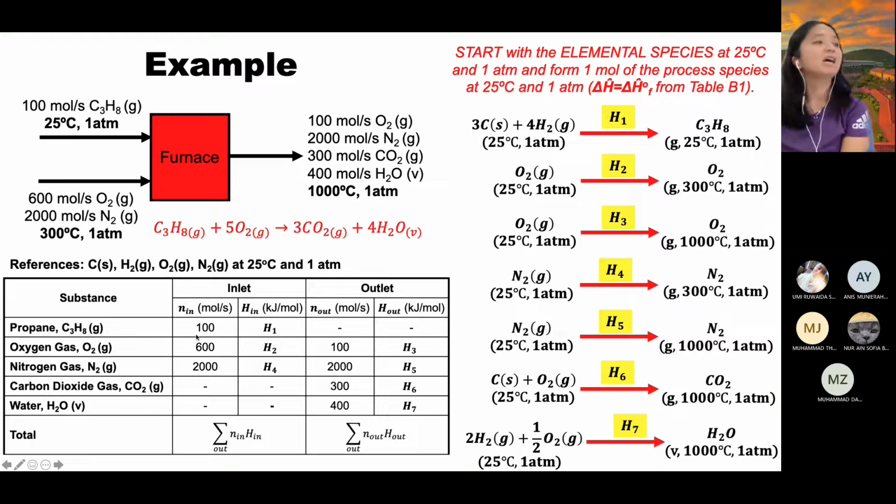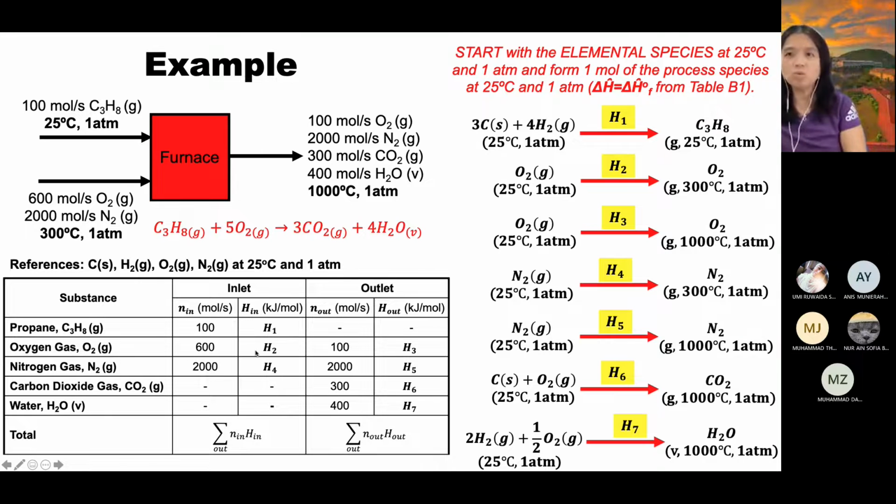Then you have the molar flow rate, which is still the same. Now the enthalpy. Let me explain how we calculate enthalpy H1. To calculate H1, you must first form propane gas at 25 Celsius 1 atm, then bring it to the inlet condition we want to calculate, which is 25 Celsius 1 atm for H1.